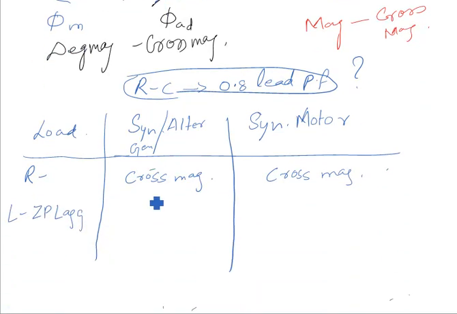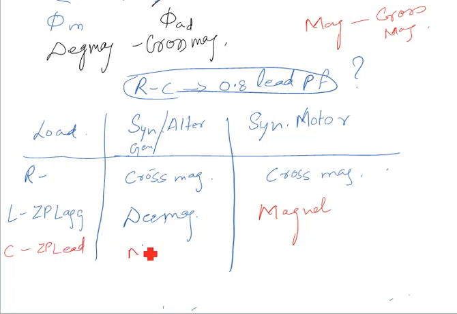So here we can write it is demagnetizing for synchronous alternator, but magnetizing for C load, ZPF leading. It is magnetizing here for alternator and demagnetizing for this.